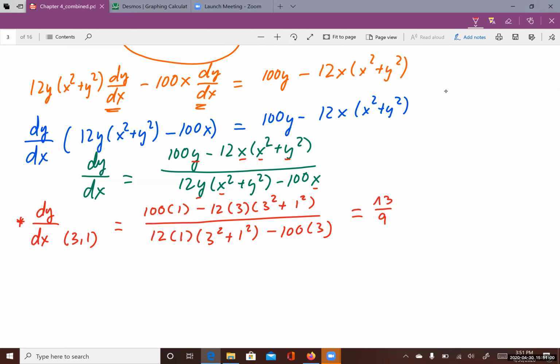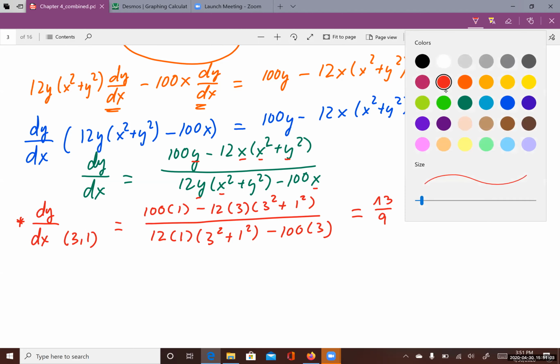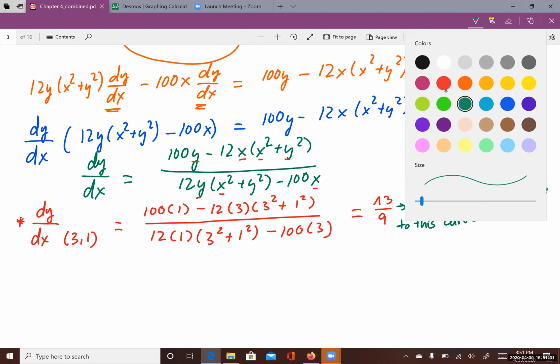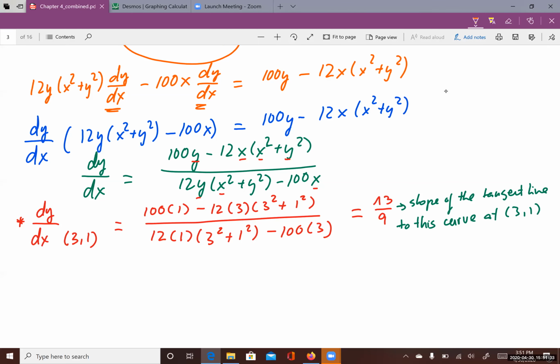So the slope of the tangent line to this curve at (3, 1) is 13 over 9. Once you found the slope of the tangent line, you can find the tangent line.